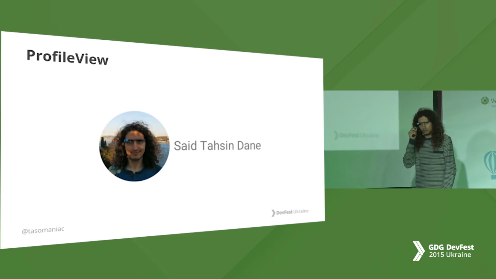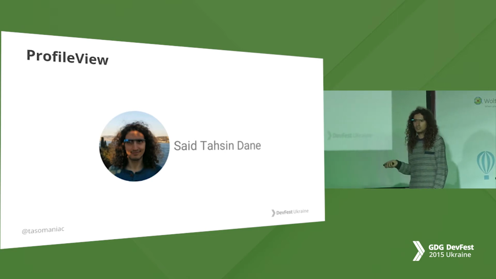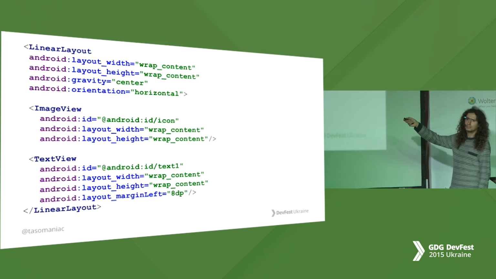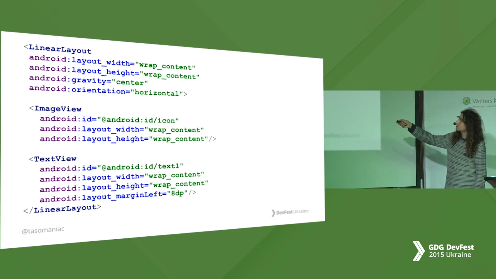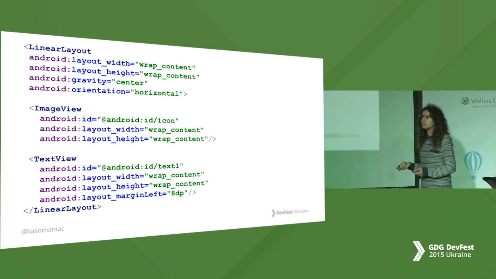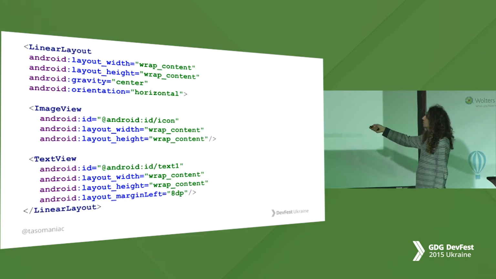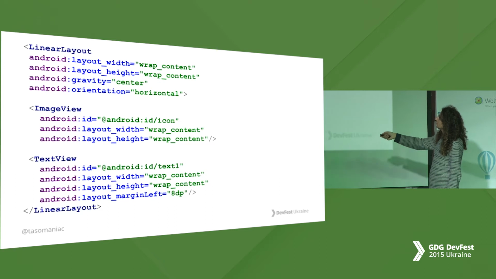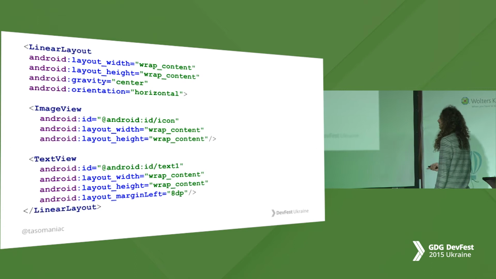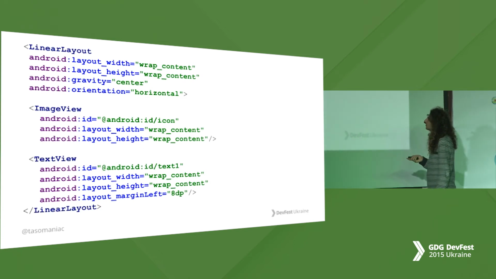Normally, when we do this in a naive way, we will probably have something like this in our layouts. We will have a linear layout with horizontal orientation, and gravity will be center. This can be modified a little bit, but this is just an example. We will have an image view and a text view next to it to have the profile name.